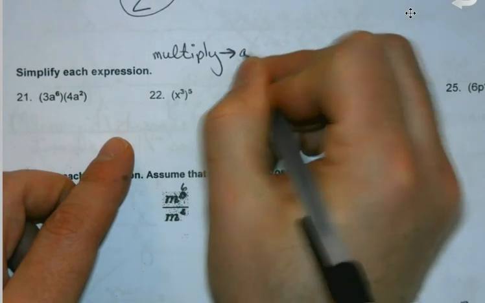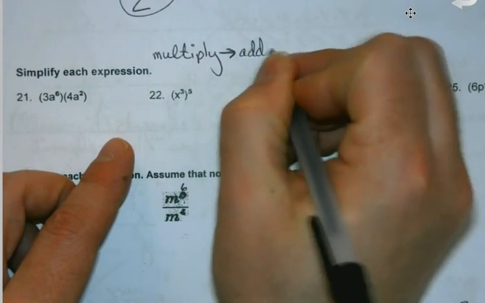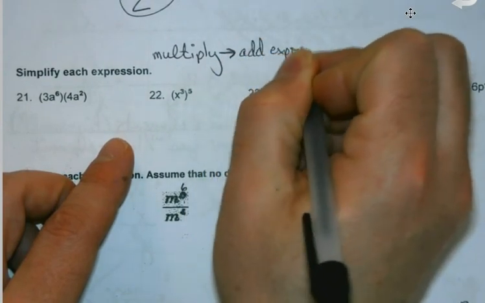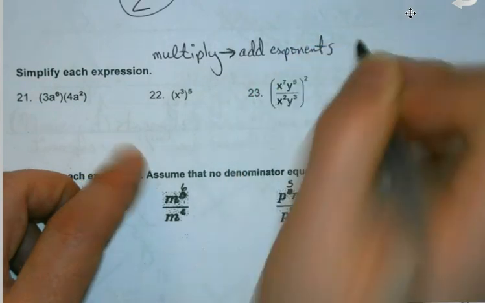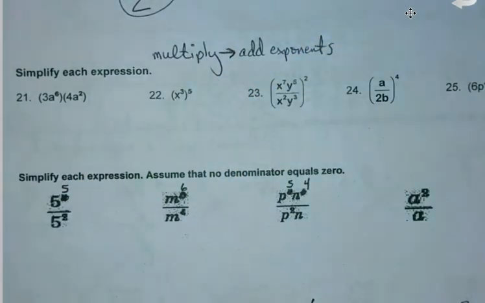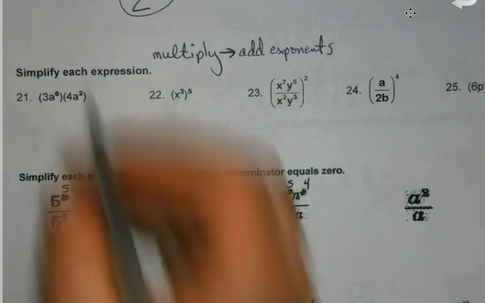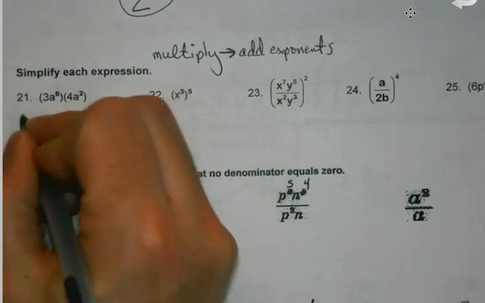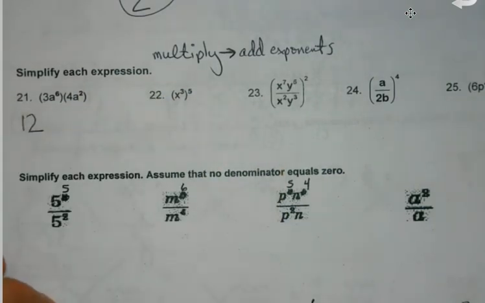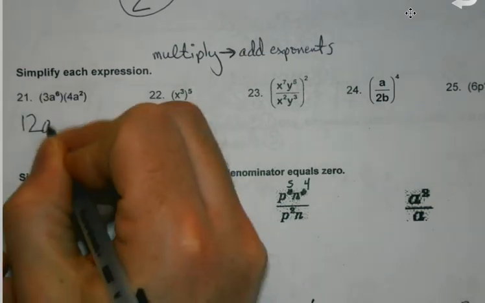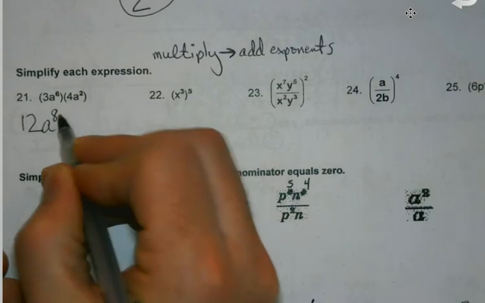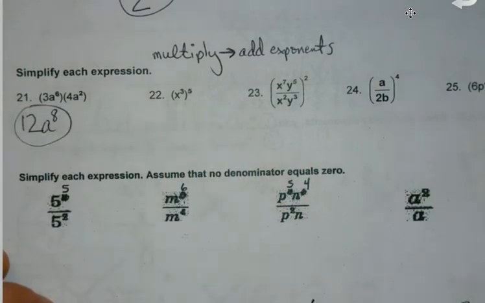Okay, so when I multiply, I'm going to add the exponents. Now I'm still going to multiply the numbers in front just like I normally would. They don't get the same rules. So 3 times 4 is 12. What's my exponent on my A going to be? Okay. 6 plus 2 is 8. Okay, that one's ready to go.